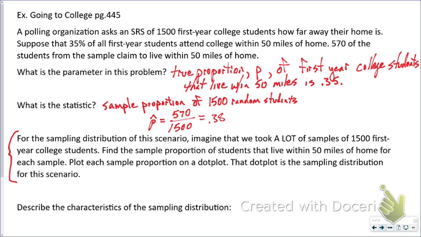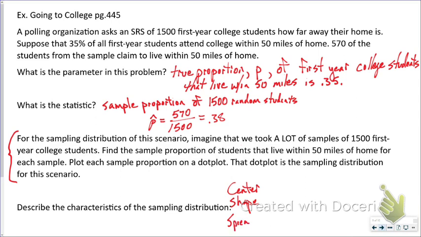It's talking about how a sampling distribution in this scenario would be created: when we take a sample of 1,500 students indefinitely, a bunch of times. The required part that could be asked is to describe it, so I need to describe the center, the shape and the spread.